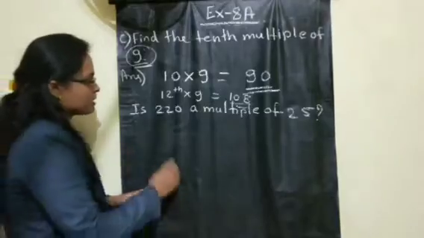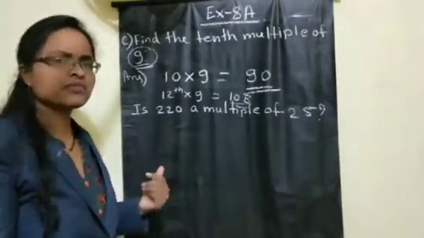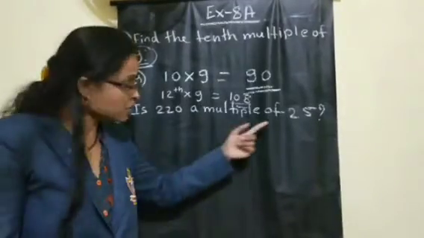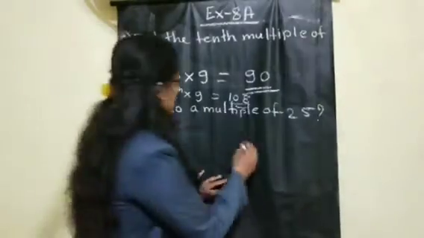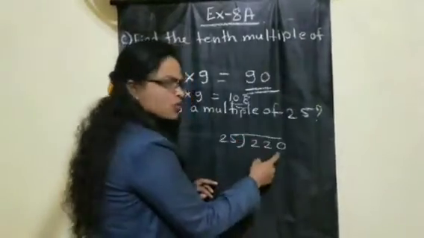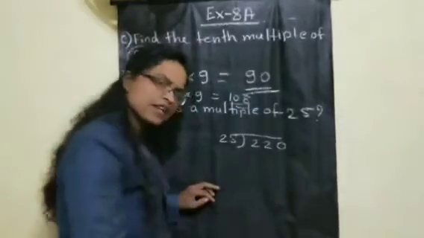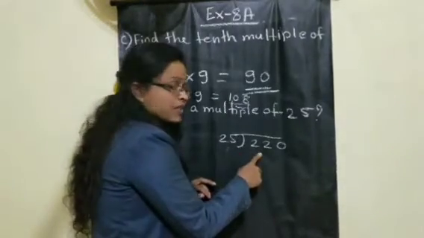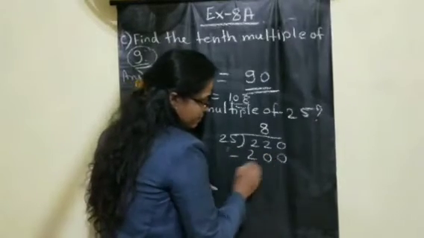And now the next example. Is 220 a multiple of 25? Again the same kind of question. They have asked whether it is a multiple of 25. When this question comes, I told you to divide and check. So is this 220 a multiple of this 25? Is 220 there in the 25 table? No. Less than 220, 25 gives 200.